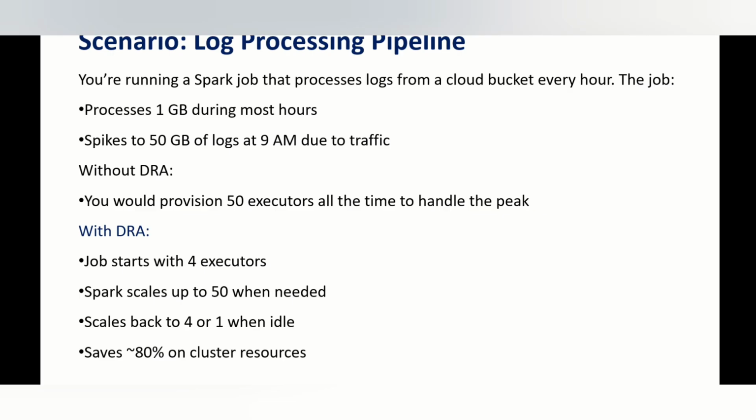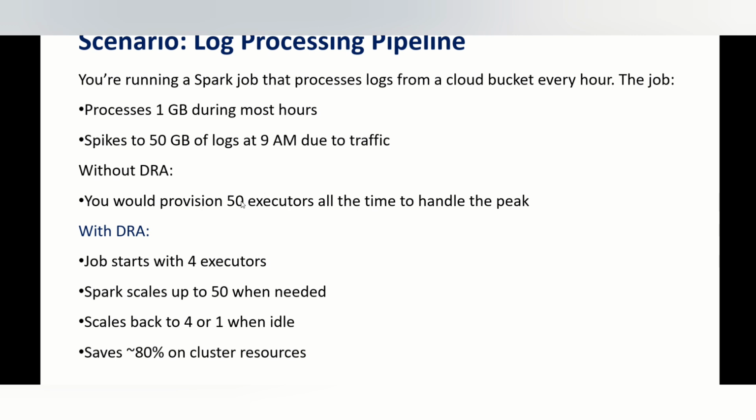Now, from the outside you cannot just allocate that, right? Because if you want to allocate more resources, then you have to stop the job, and that is not possible. But if you are using DRA, dynamic resource allocation, then instead of provisioning 50 executors all the time to handle the peak, you will mention that a maximum of 50 executors should be used.